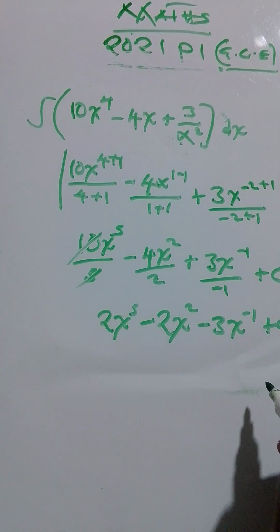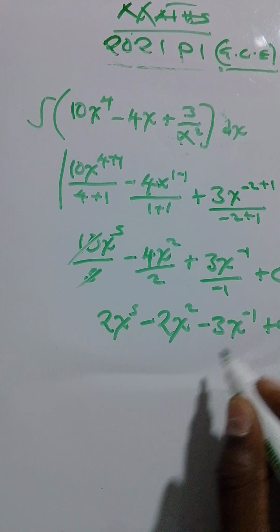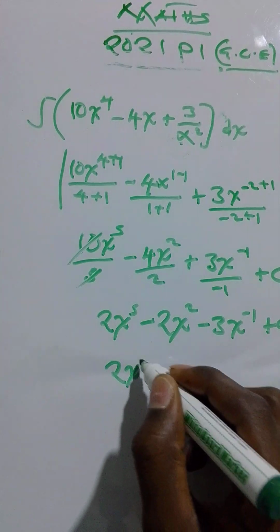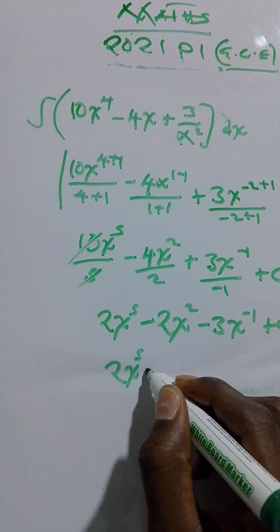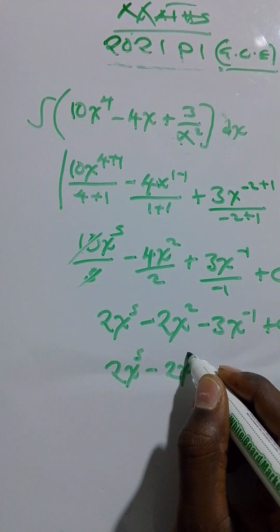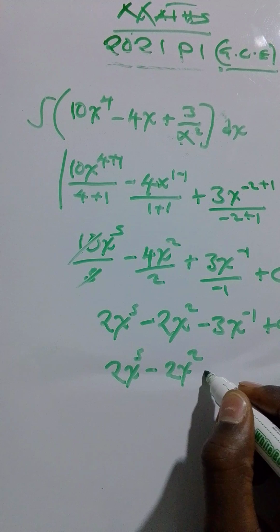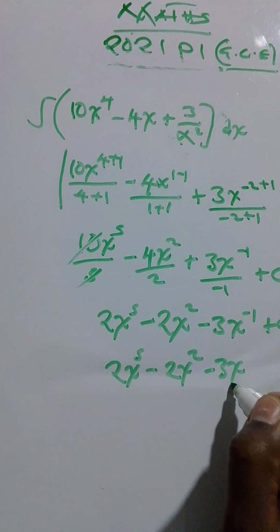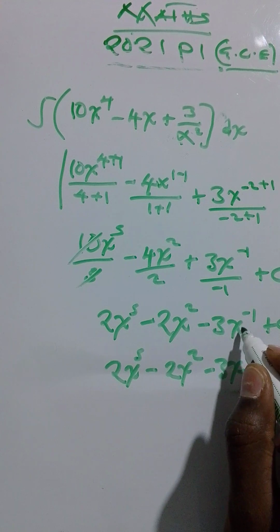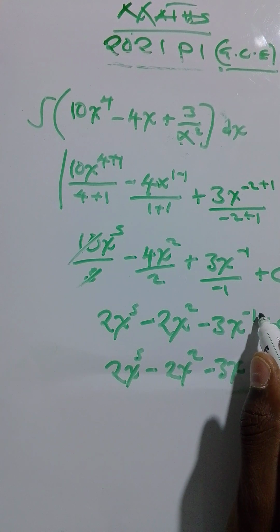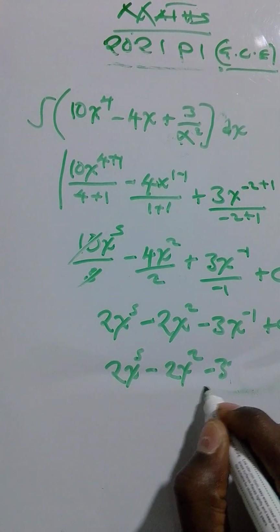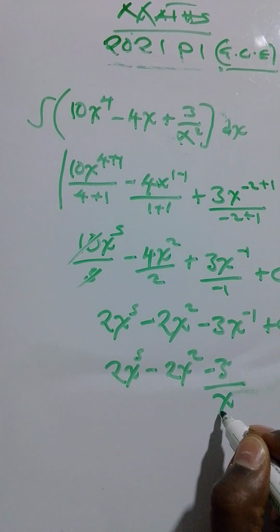So here now we can say the final answer: 2x to the power 5 minus 2x to the power 2 minus 3x. Then what we're going to do is turn this x to the power negative 1 into a positive, therefore we say over x plus c.